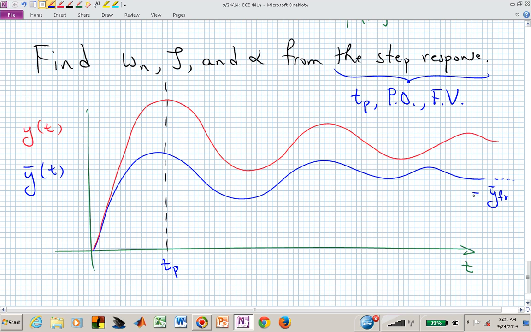And you can see that that's equal to 1 if you apply the final value theorem to that capital Y bar expression. And then this will also go to some final value, y sub final value. And in the notes to the lab, I may call that capital A sub 1.